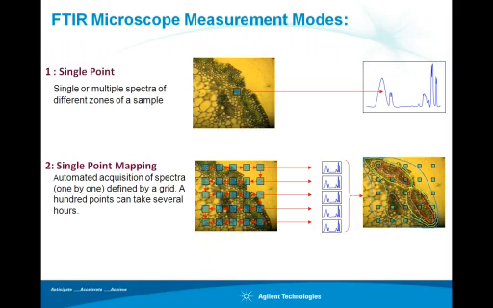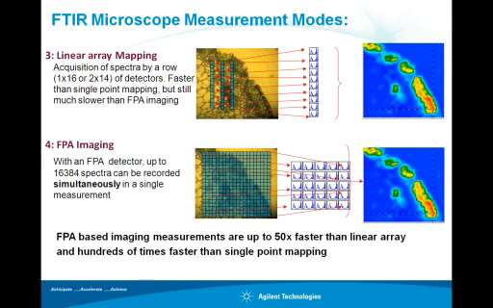So here's a review of how these various modes work. A single point takes one spectrum from one spot, and that's it. A mapping experiment is an automated acquisition of grids, and thereby you can build up a contour map of your sample based on a particular absorbance. The third, linear array mapping, uses a line of detectors, typically 16 in a row, still requires a mapping approach to raster across the sample.